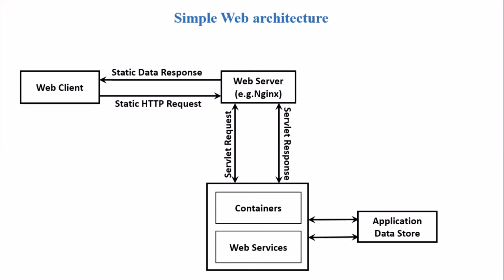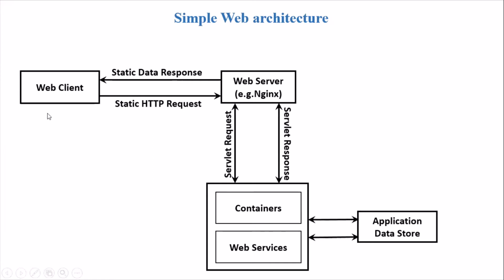Now let's start with what is the type of request that is being sent from the web client, the browser, to the web server. The web server is the entry point on the server side for your application. The web server, in this case Nginx, will be listening on a particular port, usually port 80.